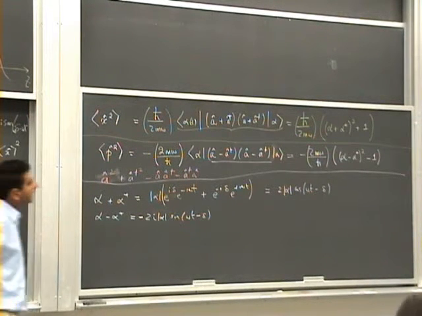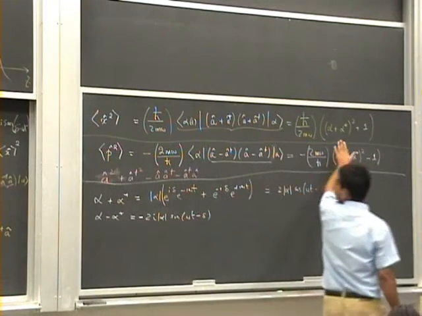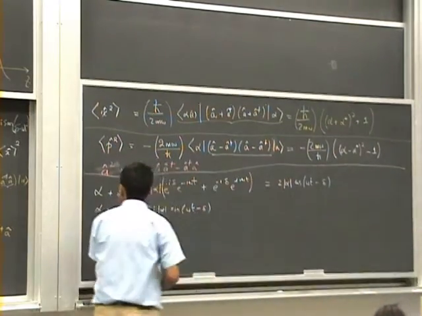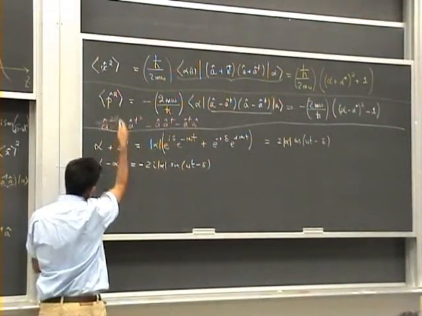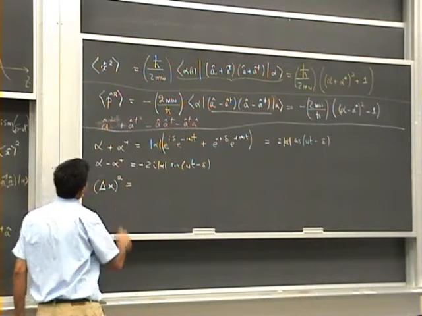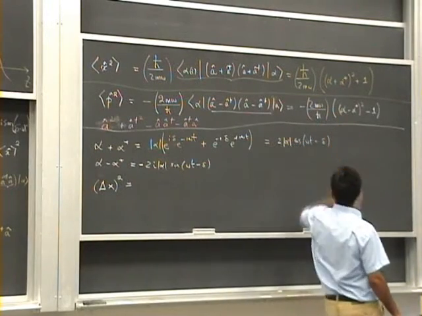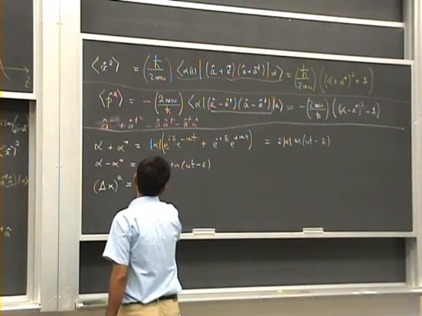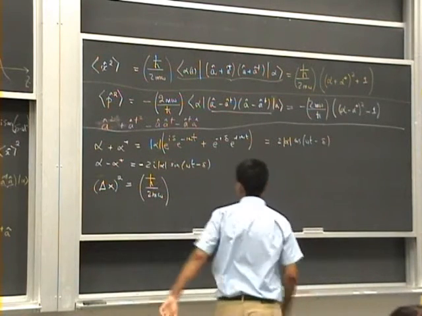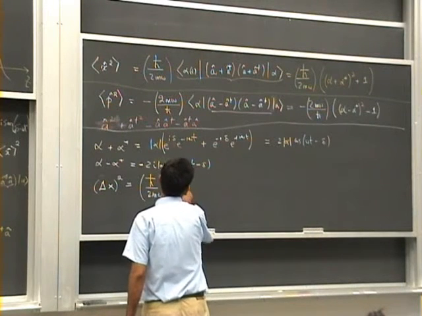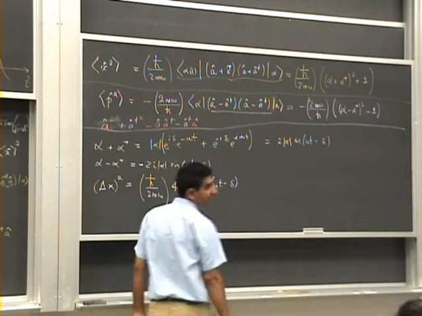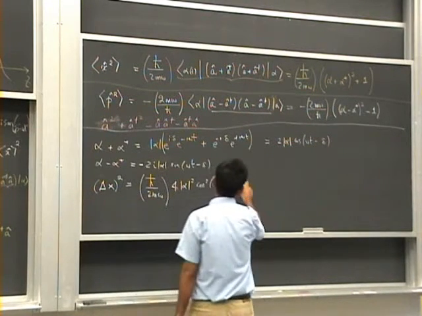Alright. So instead of alpha plus alpha star, I can write this thing here. So my expectation value for x squared is simply this term, h bar over 2m omega, the square of this, which is 4 alpha mod square cosine square omega t minus delta, plus 1.